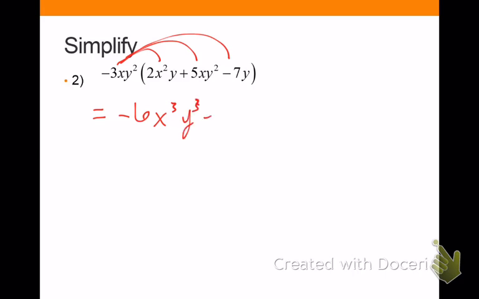Negative 3 times 5 is negative 15. X times x is x squared, x to the second. Y squared times y squared is y to the fourth. Negative 3 times negative 7 is positive 21. And then, sorry, x, there's nothing to multiply the x by. Y squared times y is y to the third.